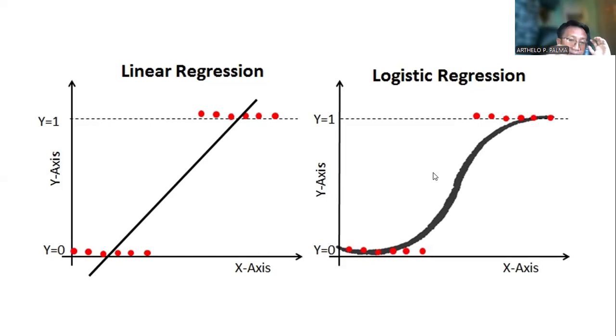So that's why we have these two different graphs here, because we will be understanding the odds ratio. Unlike linear regression, logistic regression also has a separate way of interpreting results.